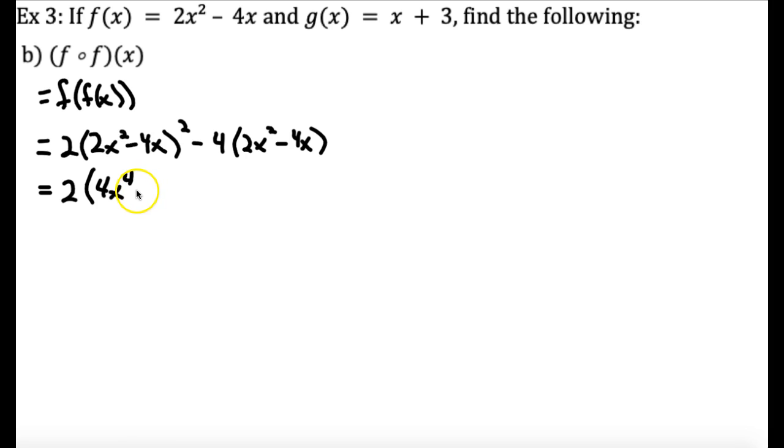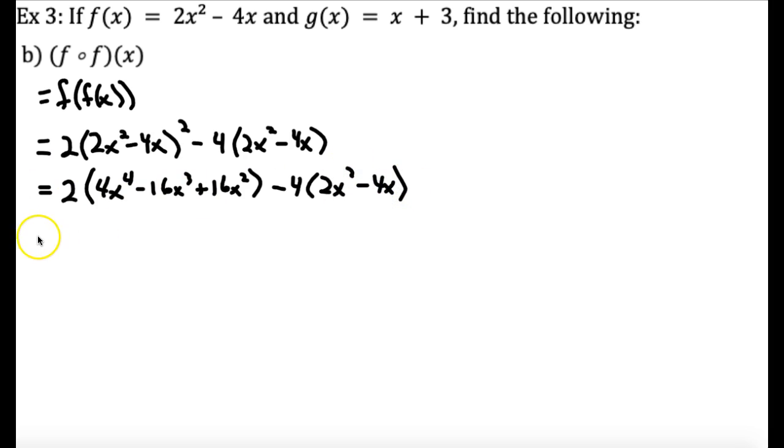Then I need to double that, so negative 16x cubed, and then square the last. So negative 4x squared is going to get me plus 16x to the 2nd power, minus 4 times 2x squared minus 4x.